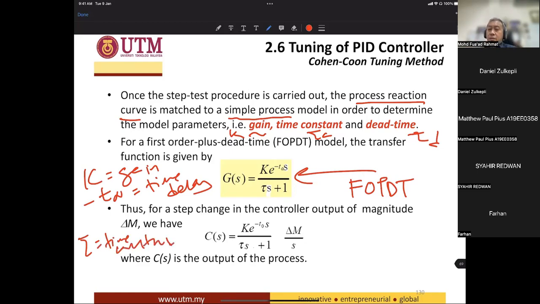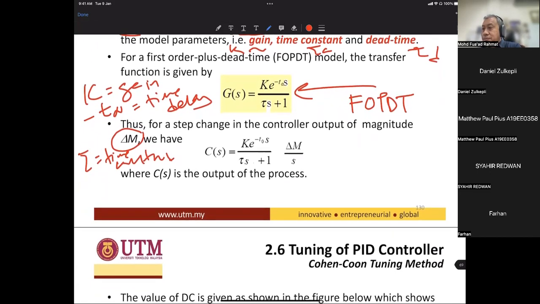For a step change in the controller output of magnitude delta M, we have the equation, the first order process with dead time multiplied by delta M divided by s, where C(s) is the output of the process.